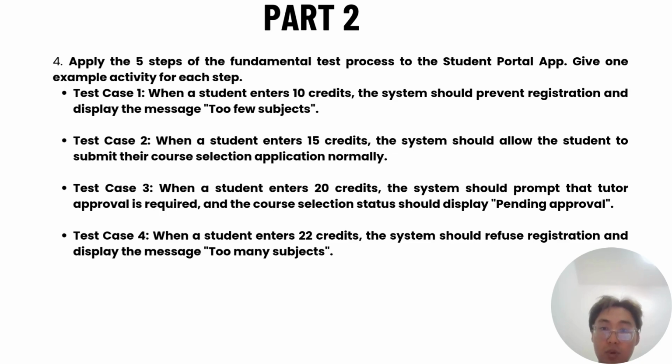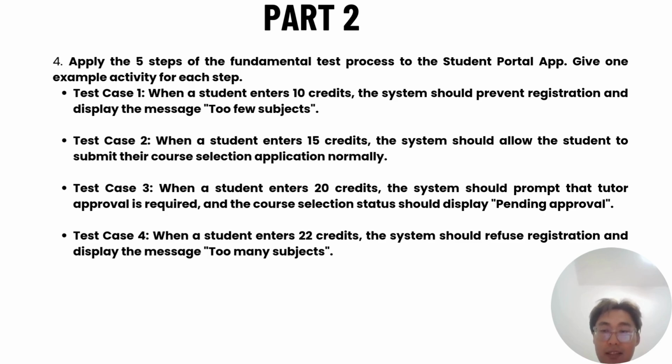Apparently, the purpose of the functional test process for the student support app. Test 1: when a student enters 10 credits, the system should prevent registration and display the message to add more subjects. Test 2: when a student enters 50 credits, the system should allow the student to submit their course registration normally. Test 3: when a student enters 20 credits, the system should indicate that the theory preview is required and the course registration should display pending.